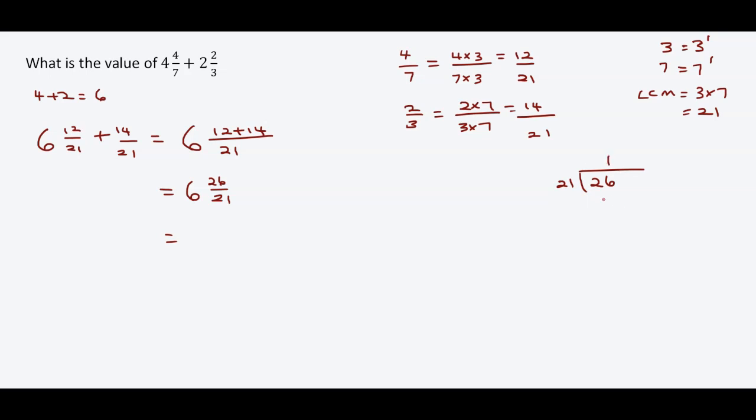So we have 1 here, 21, we subtract, we're left with 5. So this is going to give us 6 plus one whole number, 5 over 21, which is going to give us 7, 5 over 21.